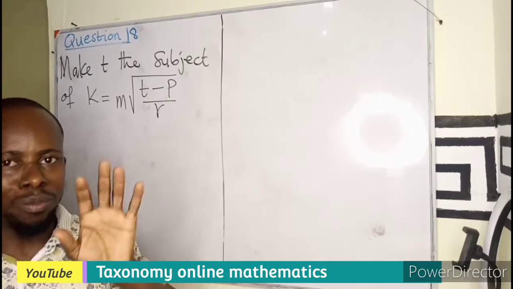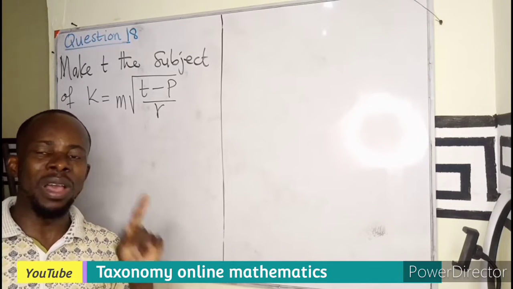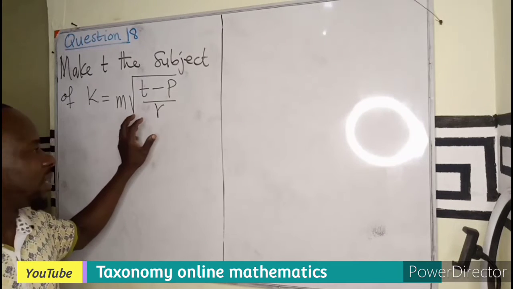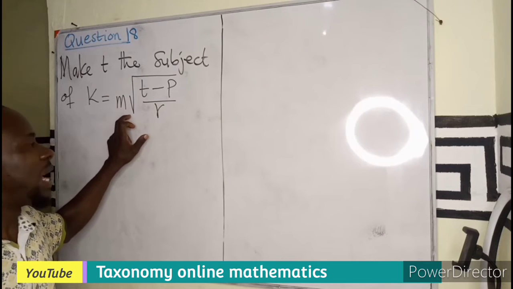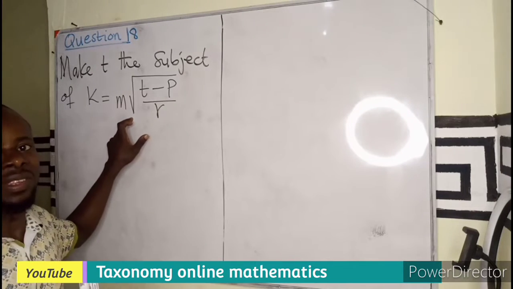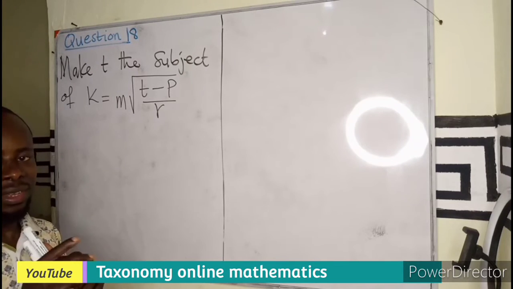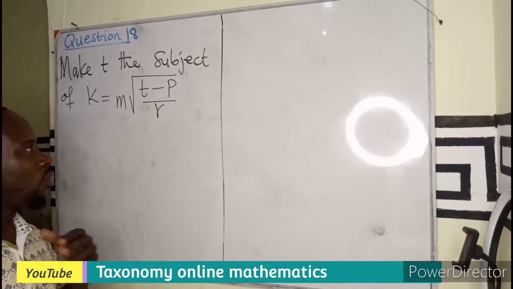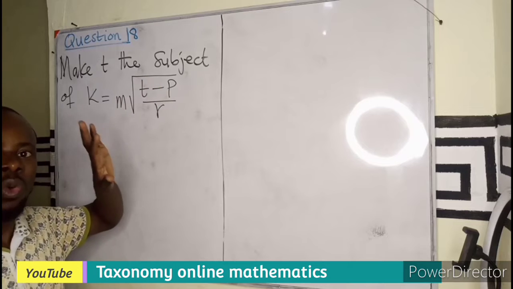Now when you are asked to make a letter or a variable the subject, when there is an equal sign and there is a square root, we try to eliminate the square root first by squaring both sides. If you square both sides, the square root will go, so that you can have this fraction on its own.